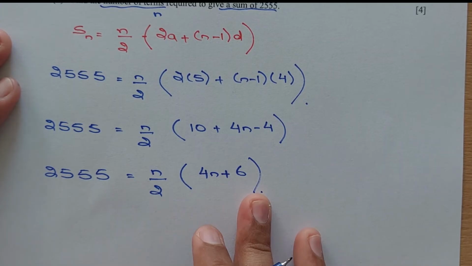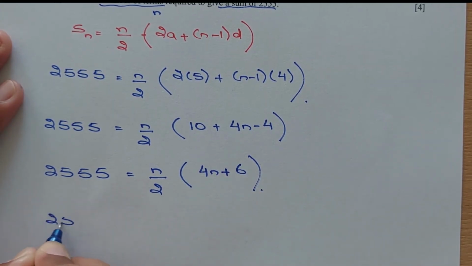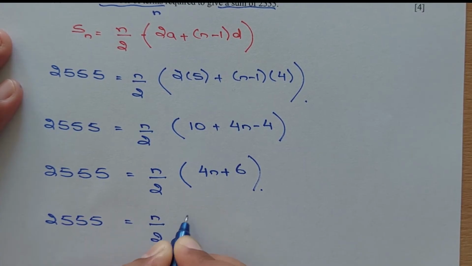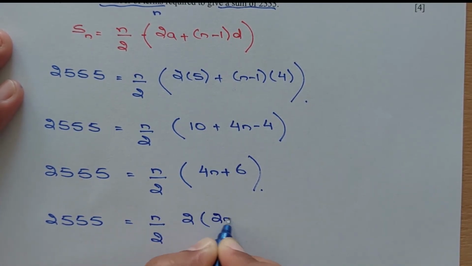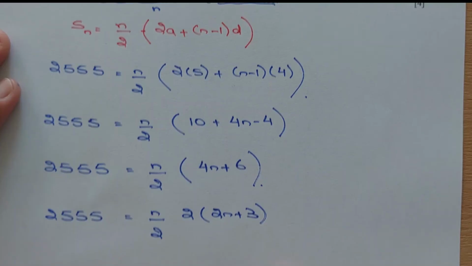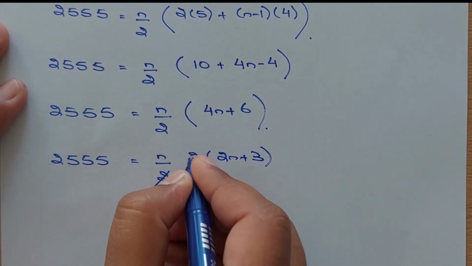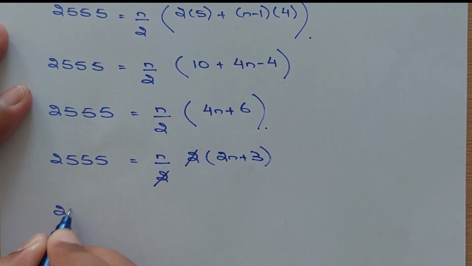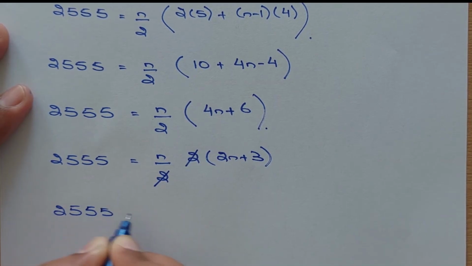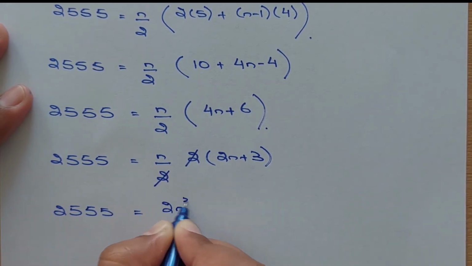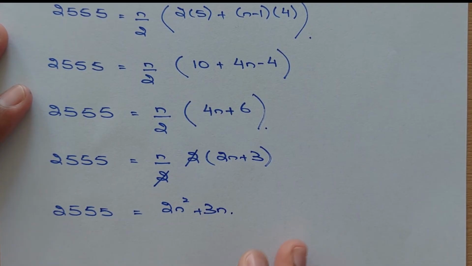Taking 2 common and cancelling with this 2, 2 is common and we have 2n plus 3. 2 times 2 is 4 and 2 times 3 is 6, right? We can cancel the 2. So we have 2n square plus 3n, right?